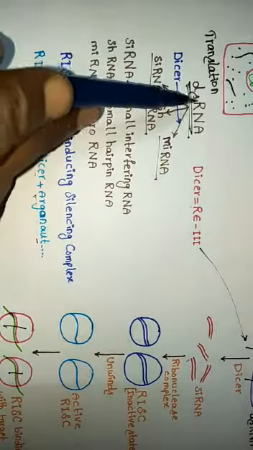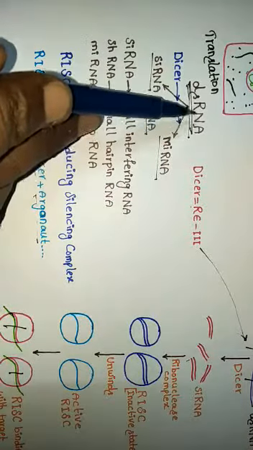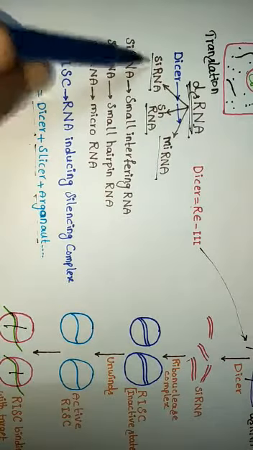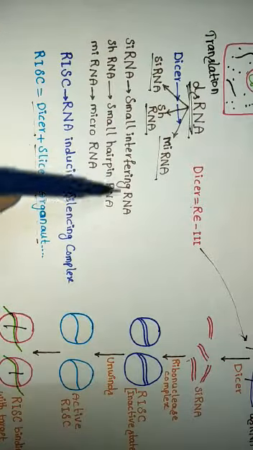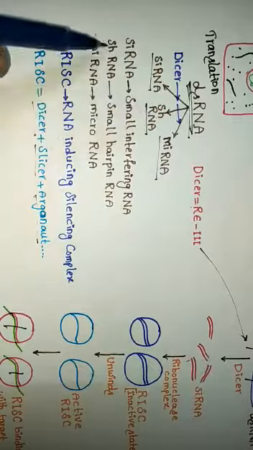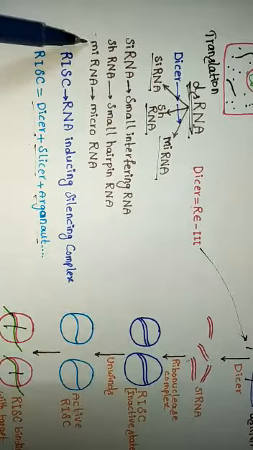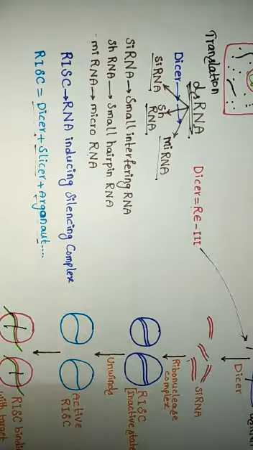The dicer cuts the double-stranded RNA into three types of fragments: siRNA, small interfering RNA; shRNA, small hairpin RNA; and miRNA, which is microRNA simply.